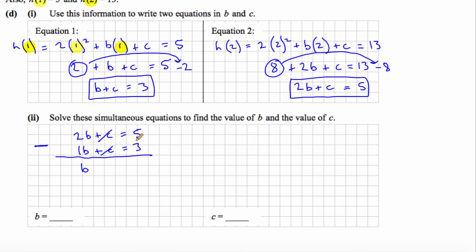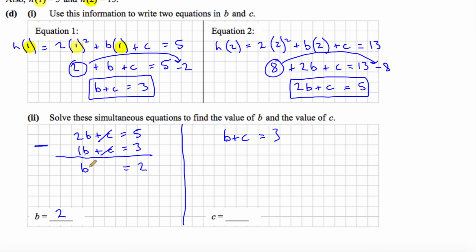So all that's left then to do is to subtract the 3 from the 5. 5 minus 3 leaves 2. So I have my b value straight away there. The b value is 2. And now what I want to do is find the c value. So what I'm going to do is use this equation here, b plus c is equal to 3.